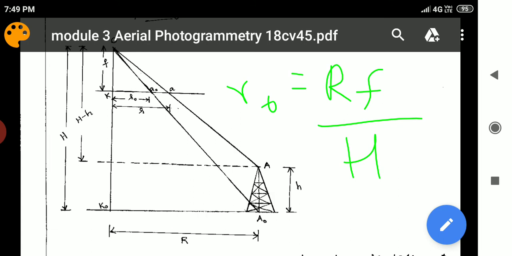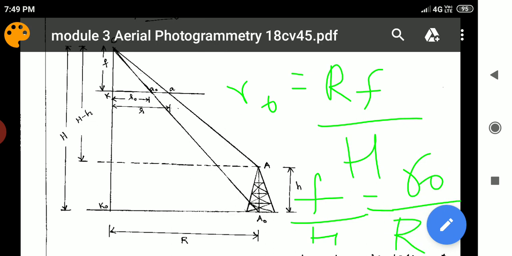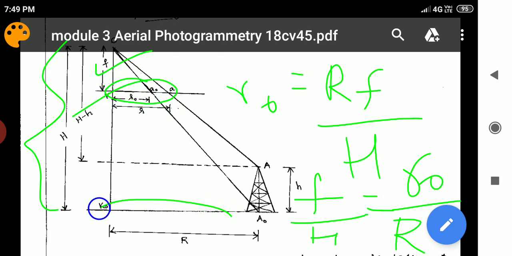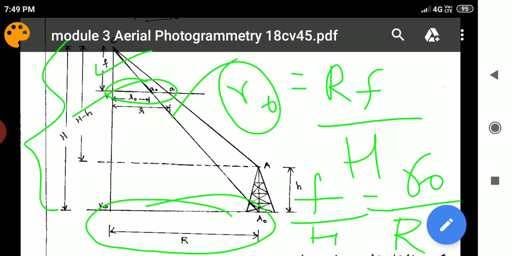Okay, see here, f divided by h equals r naught divided by capital R. See here, similar triangle, f divided by h, isn't it? Then r naught divided by R. After simplification, I want r naught, no, so I have to take all these terms to the right side.